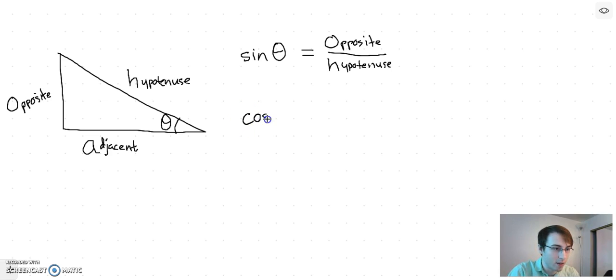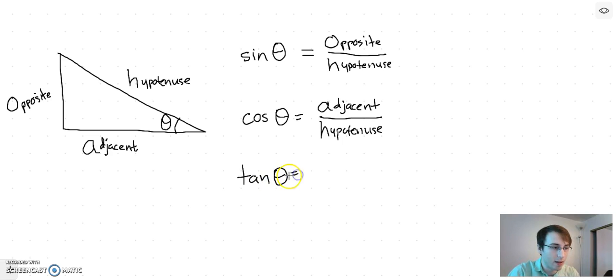Likewise, cos theta is the ratio of the adjacent side to the hypotenuse, and tan theta is the ratio of the opposite side to the adjacent side.